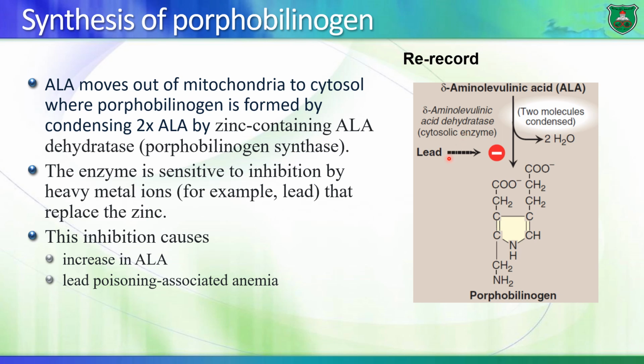As a result, the presence of lead would result in inhibition of this enzyme, because it would replace zinc in the active site. So that results in accumulation of ALA in the body, and it would result in anemia, which is, of course, caused or associated with lead poisoning.